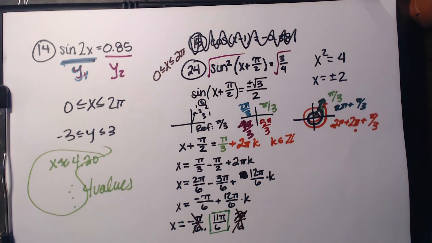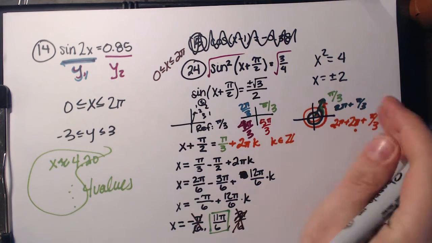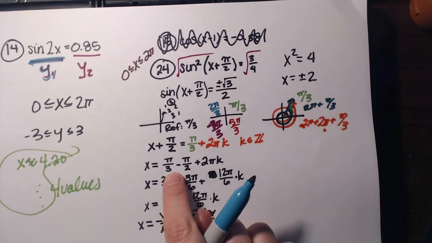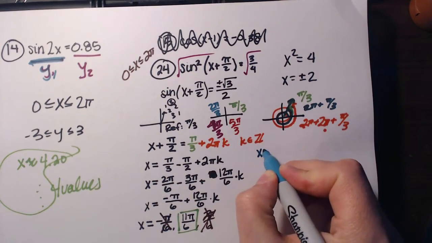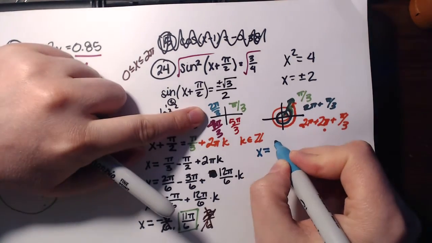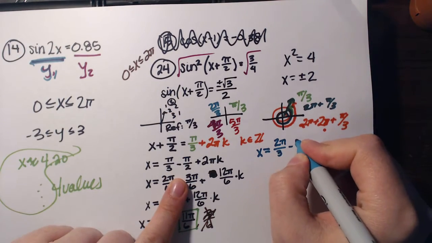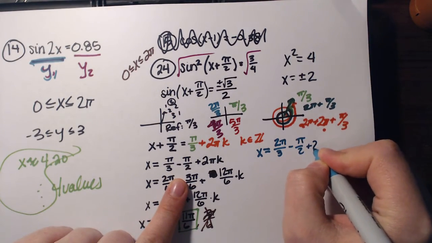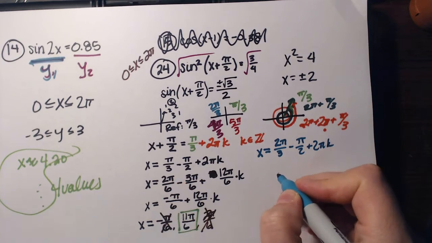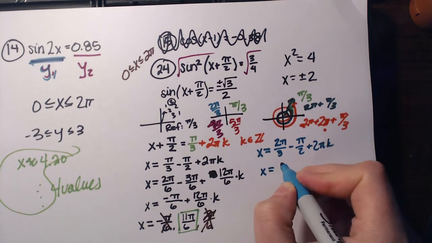Now I have to do that for all of them. So let's look at this 2 pi thirds. So I'm going to come back here and adjust this. The difference was this was my pi thirds, but now I want it to be 2 pi thirds. So get a common denominator again.